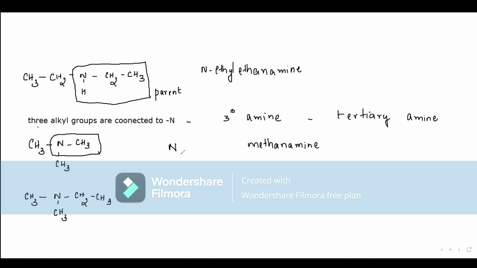So this happens to be N, N dimethyl. N, N dimethyl methanamine. That is the IUPAC name, and the common name of this example will be trimethylamine. We can stop learning the common names hereafter, not required.